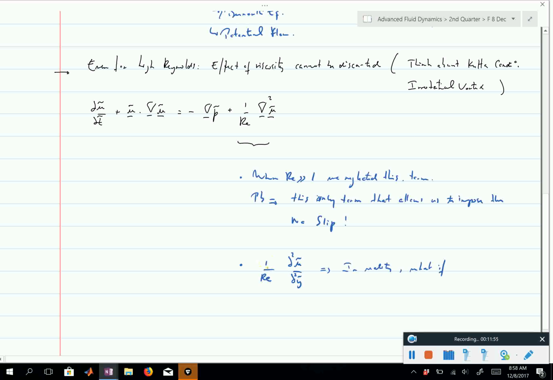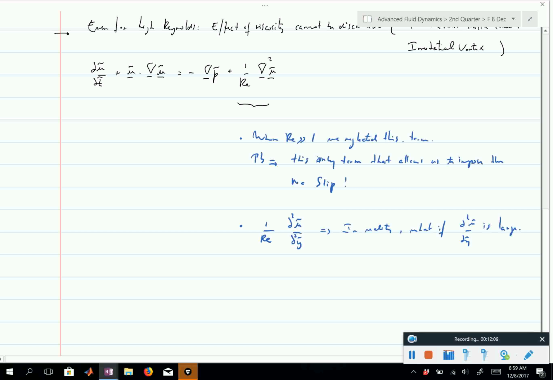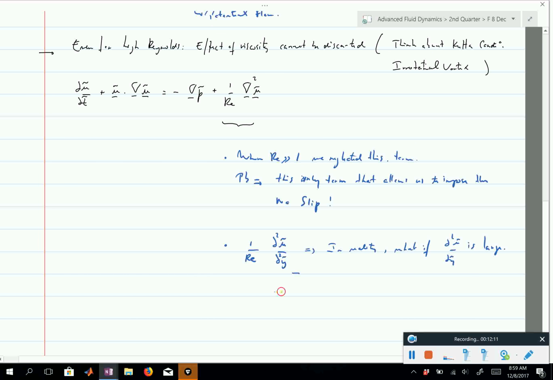So 1 over Reynolds number might be small, but what if this term is really large? When it's large, then we can no longer neglect it, but it's only going to be large in small layers.